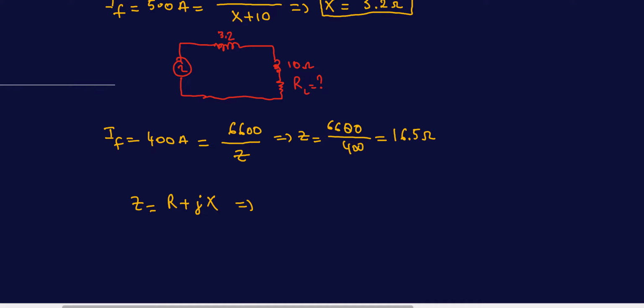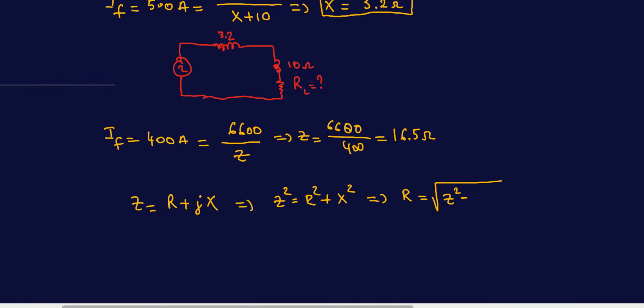For us to get the value of r, remember that Z squared is equal to r squared plus x squared. So therefore r is equal to the square root of Z squared minus x squared.